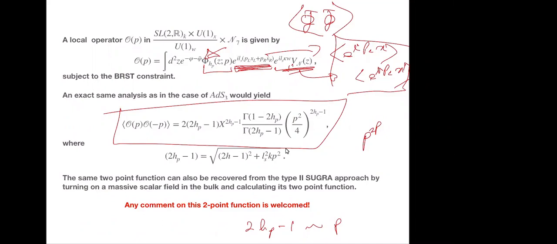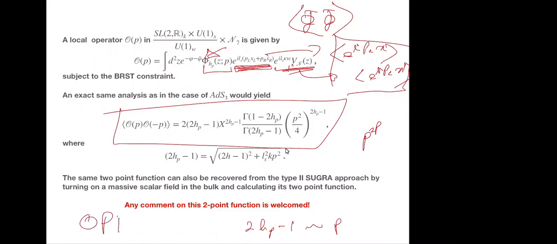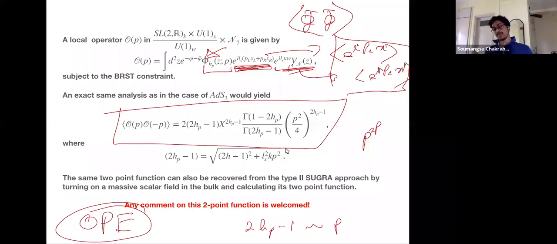Okay, another way to say what I'm saying is that a higher point function computation would be something slightly more non-trivial. Yes, the OPE coefficients. Yes, I absolutely agree with you. But so far I didn't manage to do that. Right. Okay.